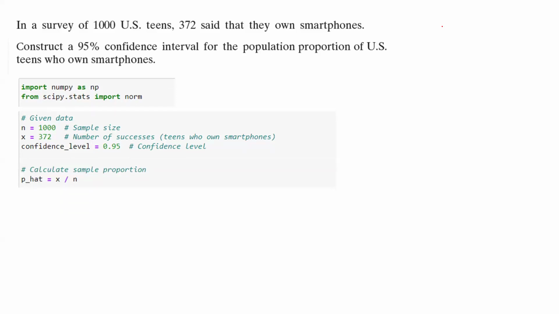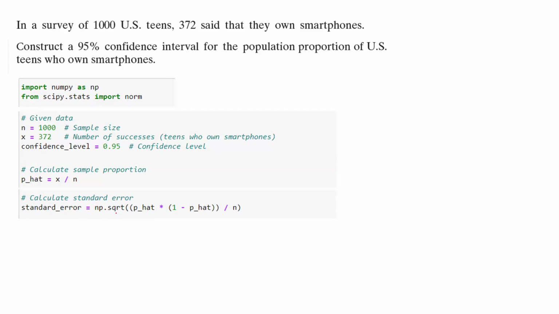Let us calculate p hat. P hat is defined as x over n. We have to do a little bit of calculation here. We need to form the fraction x divided by n. The formula for standard error, we're going to use square root.